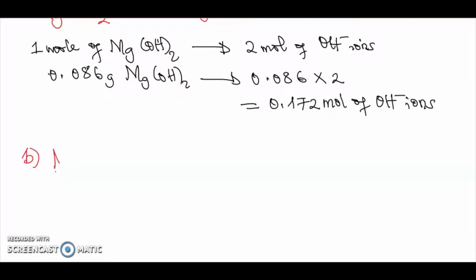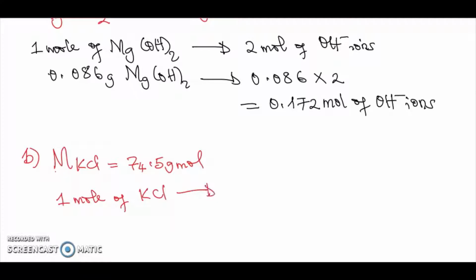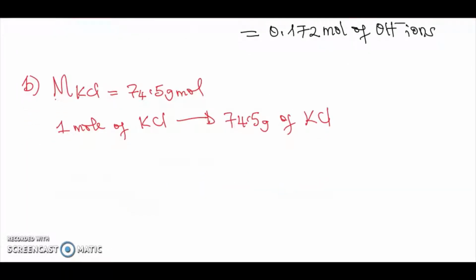The molar mass of potassium chloride is equal to 74.5 gram per mole. So we can say that 1 mole of potassium chloride contains 74.5 grams of potassium chloride. So how many moles?